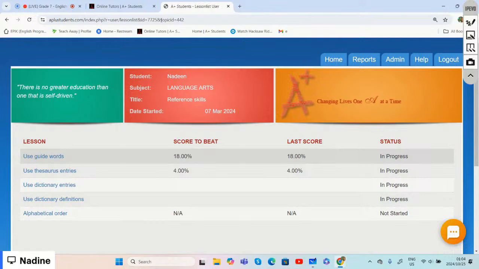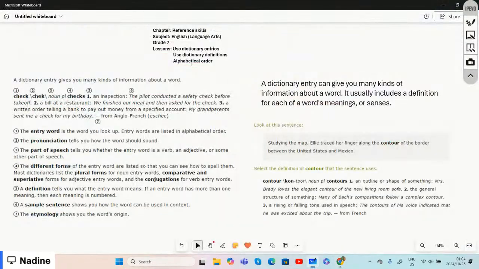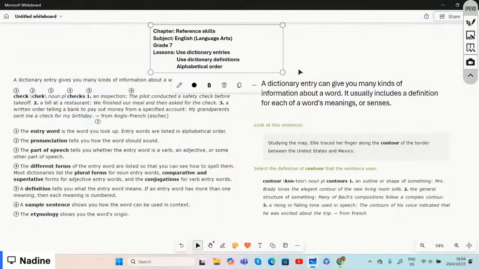So our chapter is reference skills. Our subject is English language arts. We're doing grade 7.